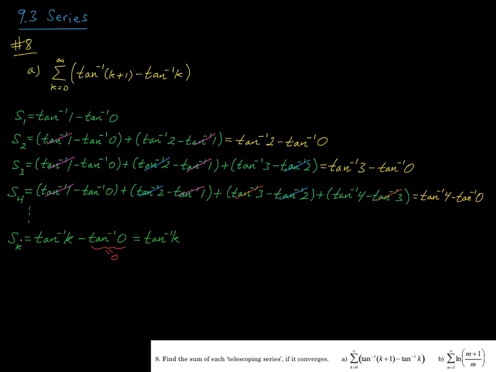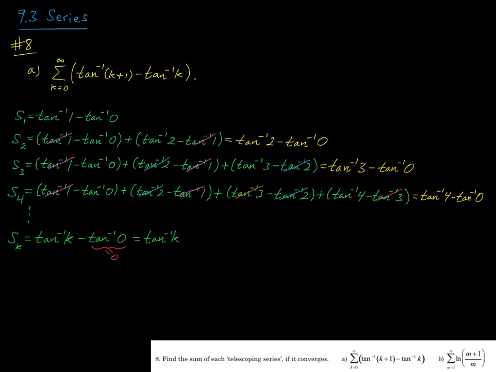So general pattern there, the kth partial sum, and I'm using k here just because that's the letter used for the index in the original series, is going to equal the arctangent of k minus the arctangent of 0. Now the arctangent of 0 is just 0, and so you see that the kth partial sum is just the arctangent of k.